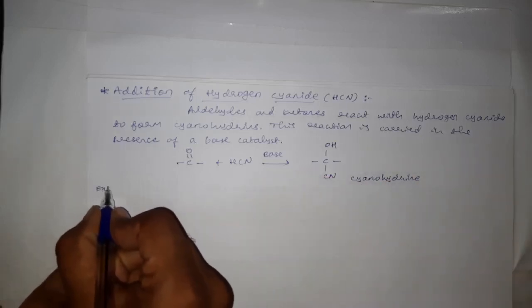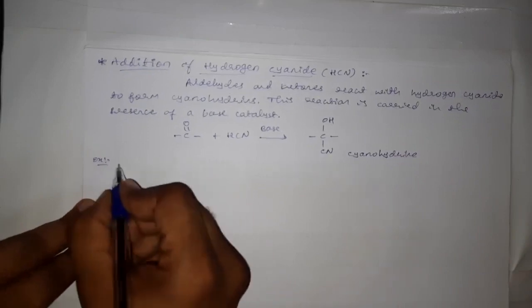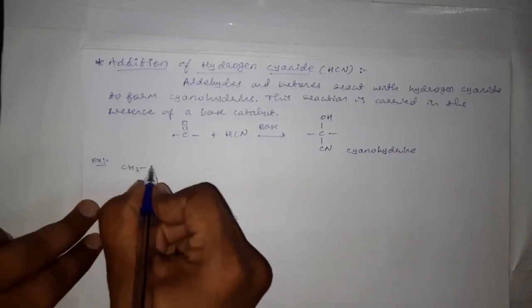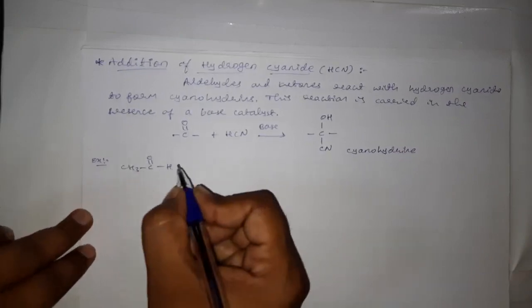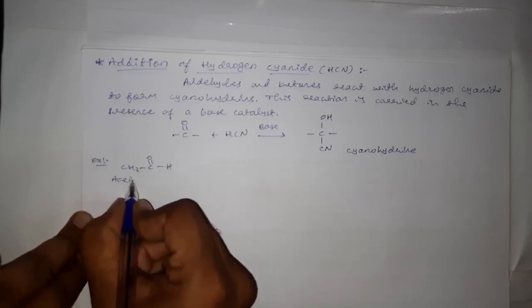Take for example CH3 CHO, which is acetaldehyde.